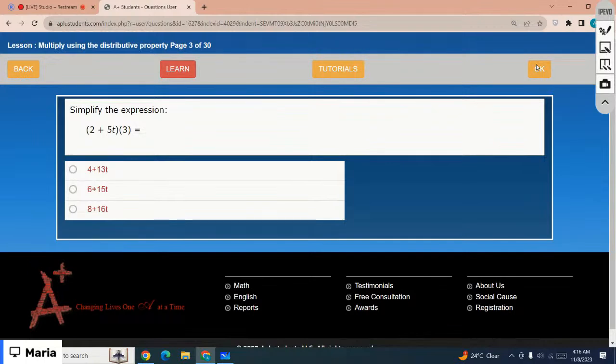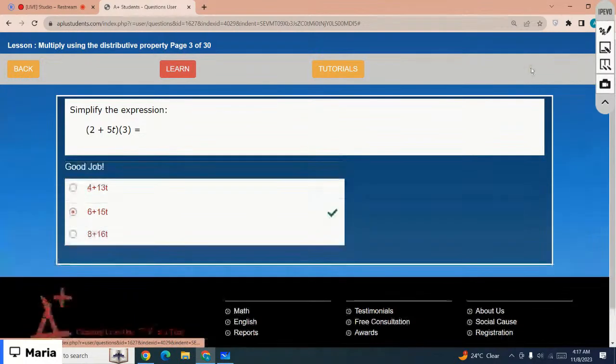You have to do 3 times 2. 3 times 2 is 6. Then you have to do 3 times 5t. So 3 times 5 is 15. So the correct option is 6 plus 15t. Option number 2 is the correct option.